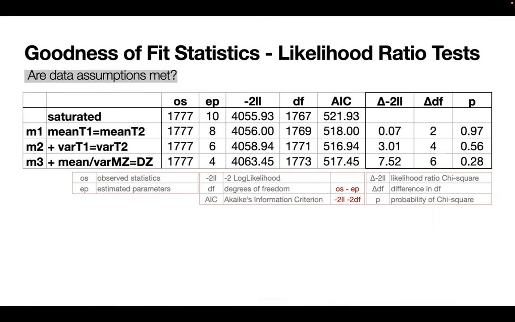Or we can use a likelihood ratio test and look at the difference between the likelihoods of two models and compare that to the difference in their degrees of freedom, and so evaluate the associated p-value.